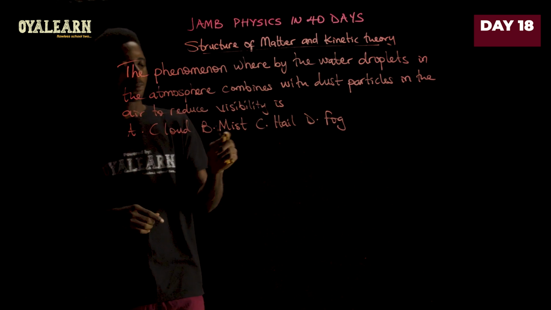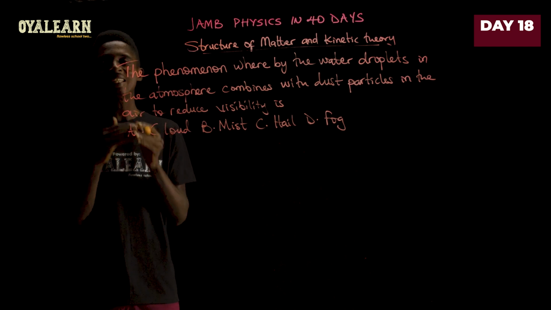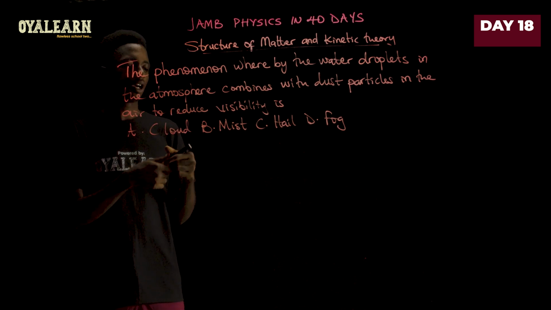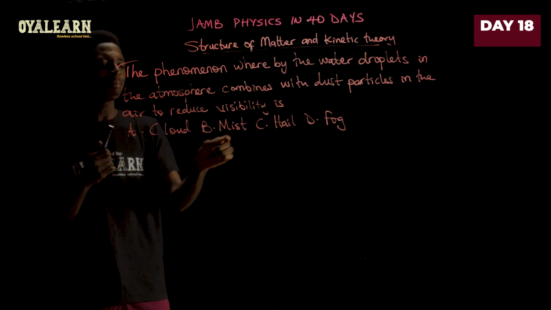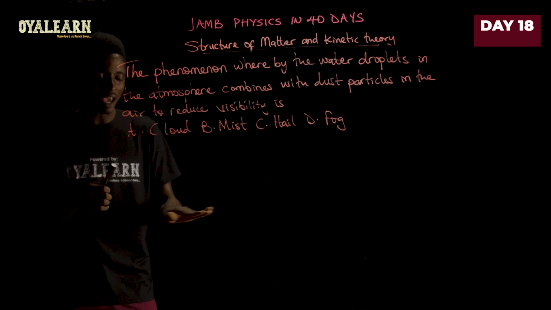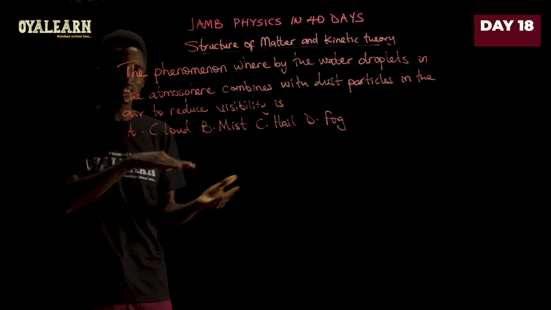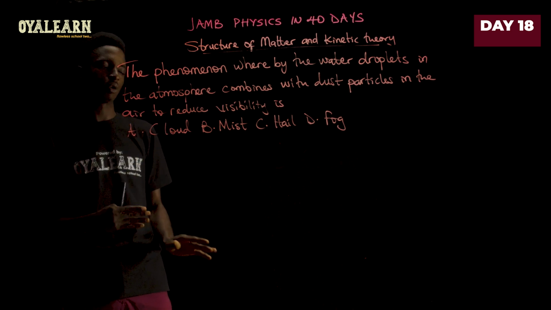Now, take note, mist occurs when the relative humidity is high, rather, when there is more humidity. When there is more humidity is when you have mist, and then mist occurs at a level that is very close to the ground. And this mist does not happen at high altitudes, only at very low altitudes.